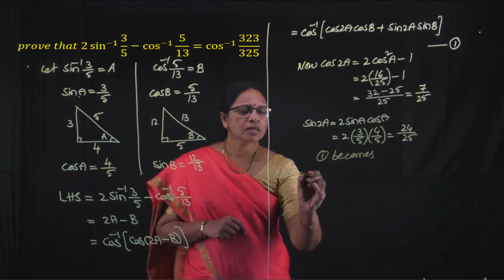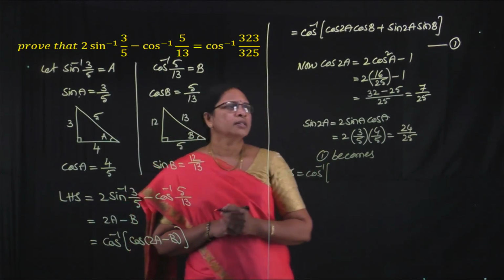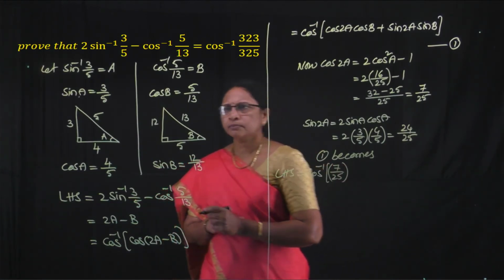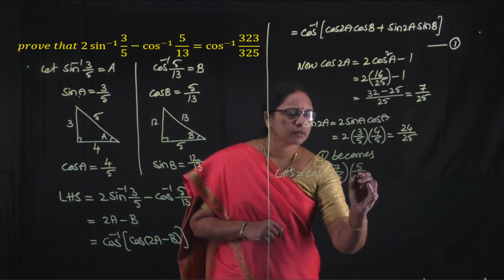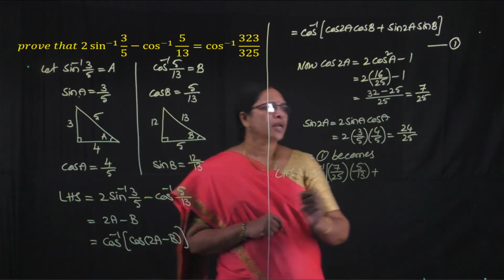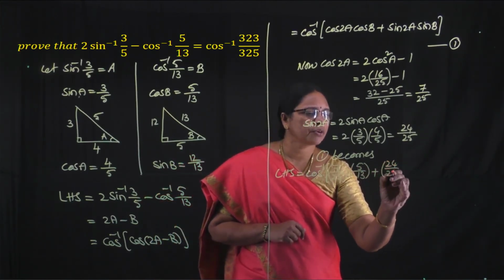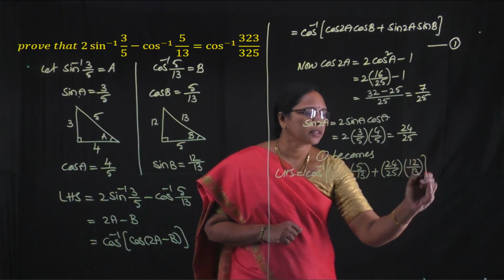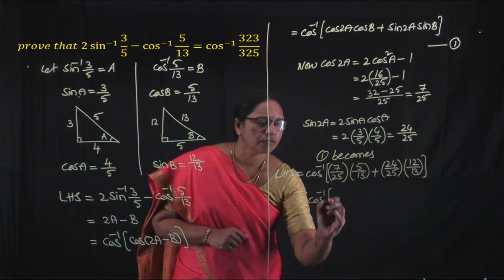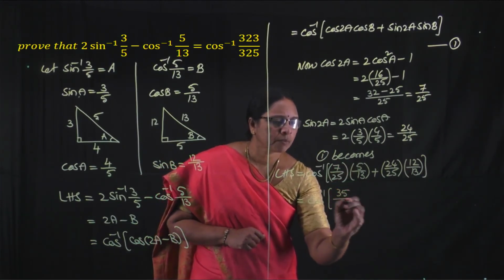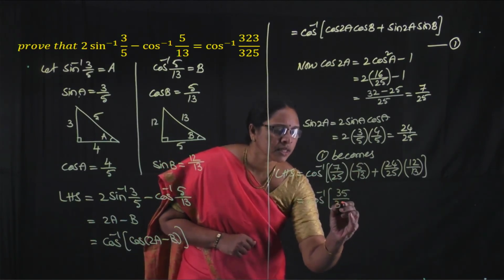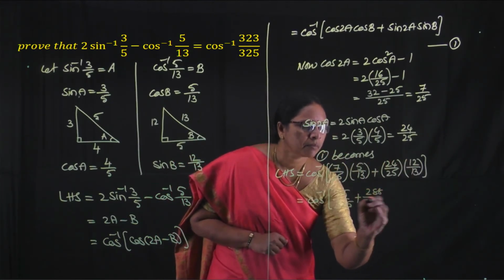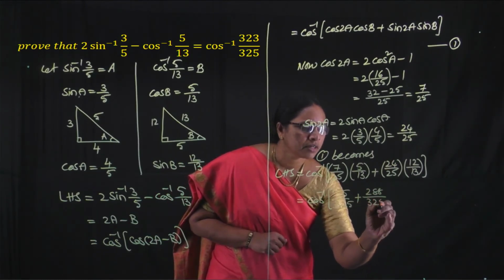LHS is cos inverse of here cos 2A, that is 7 by 25, cos B, here cos B is 5 by 13, plus sin 2A, sin B, sin 2A is 24 by 25, sin B is 12 by 13, that equal to cos inverse of 7 into 5, 35 by 25 into 13, that is 325, plus 24 into 12, 288 by 25 into 13, 325.